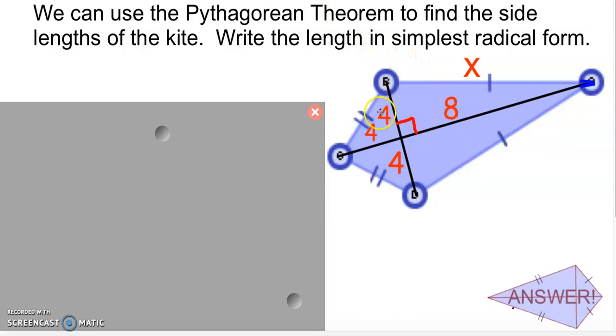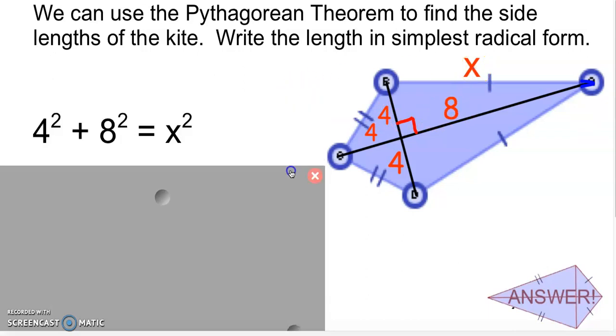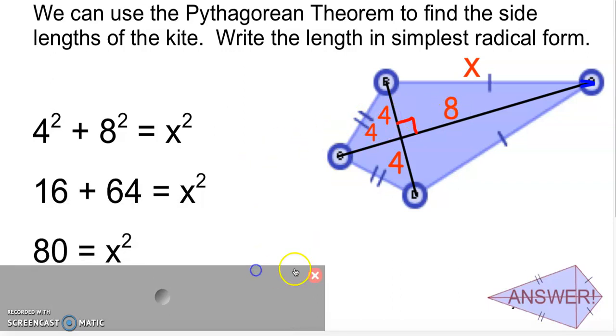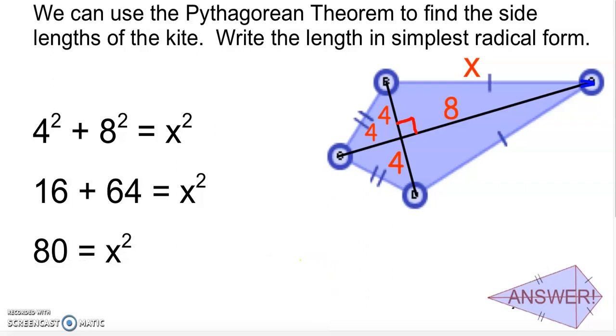So this is going to be 4 squared plus 8 squared is going to equal x squared. So 4 squared is 16, 8 squared is 64, and added together is 80. So then in order to figure out the length of x, I'm going to take the square root on both sides. So I need to figure out the square root of 80.